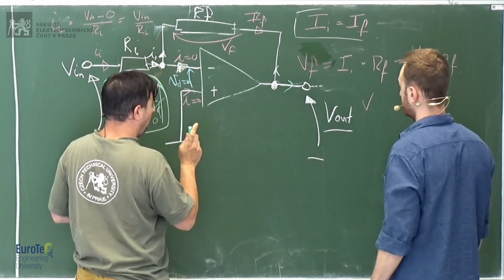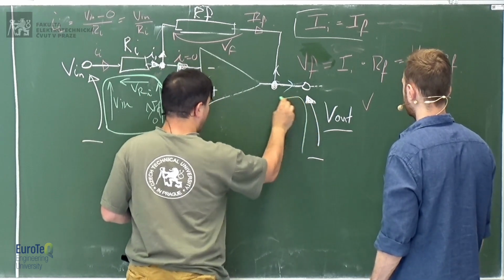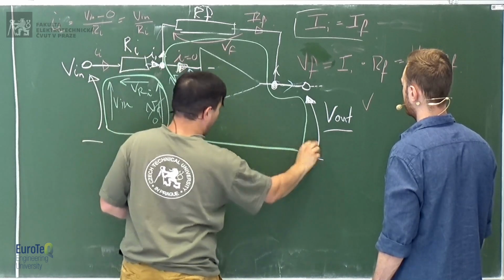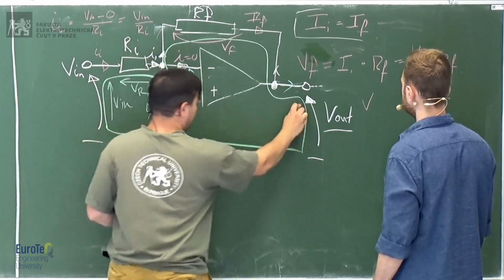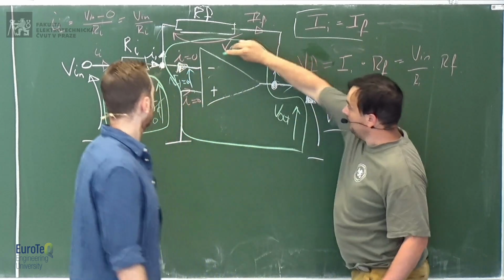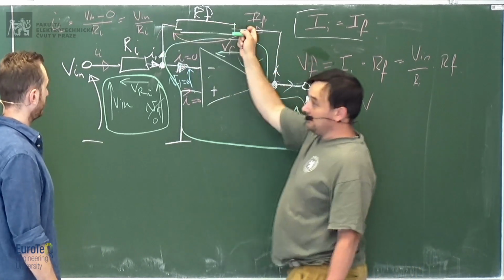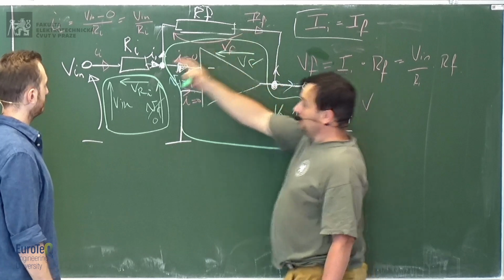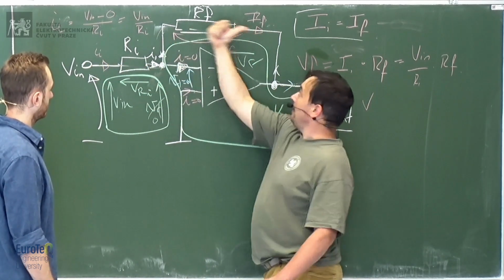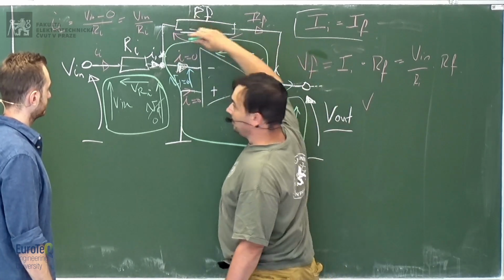No, be careful. Take the loop. What do we have here? V out, then VF. Be careful, the current enters this way, IF. II enters here, goes here, so IF has this direction, so the voltage drop is pointing in this direction.